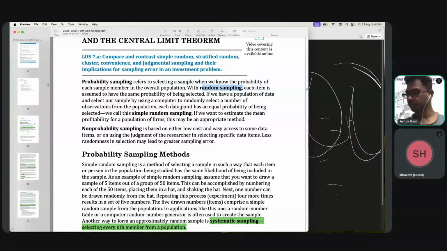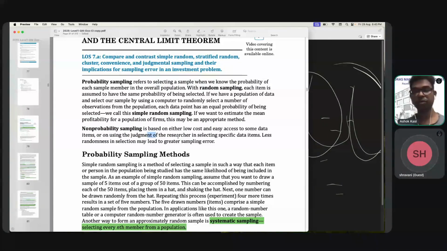Simple random sampling. Non-probability sampling means what? Non-probability means where you are collecting data based on judgment. Imagine you have been asked to find out how many people are waking up at 6 o'clock in the morning in Mumbai today. You take a survey.